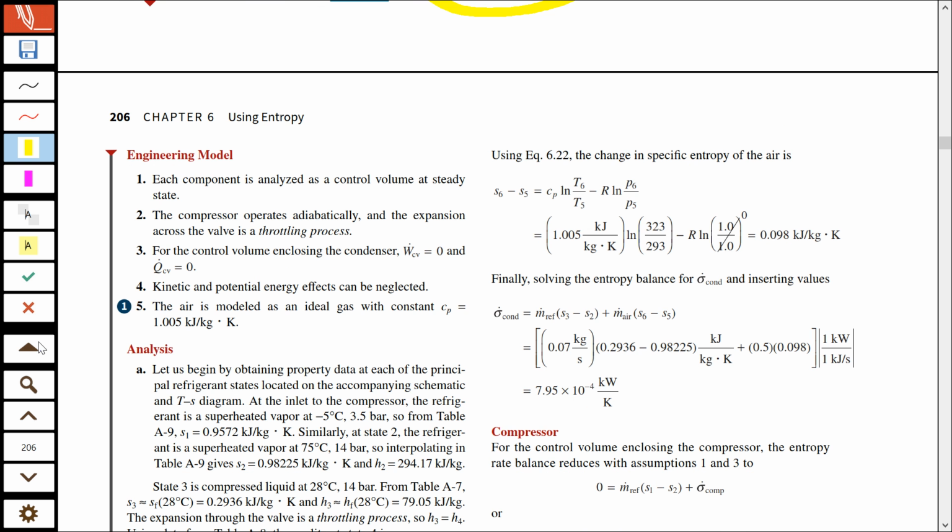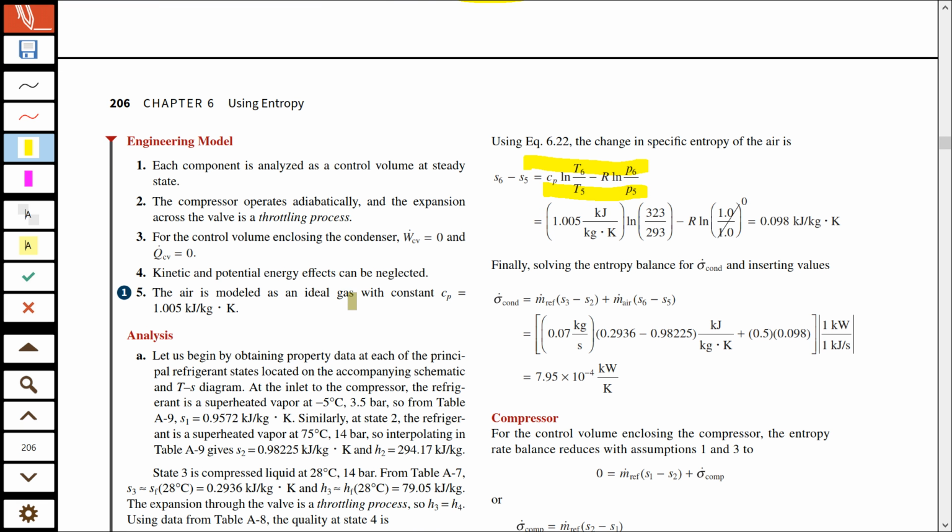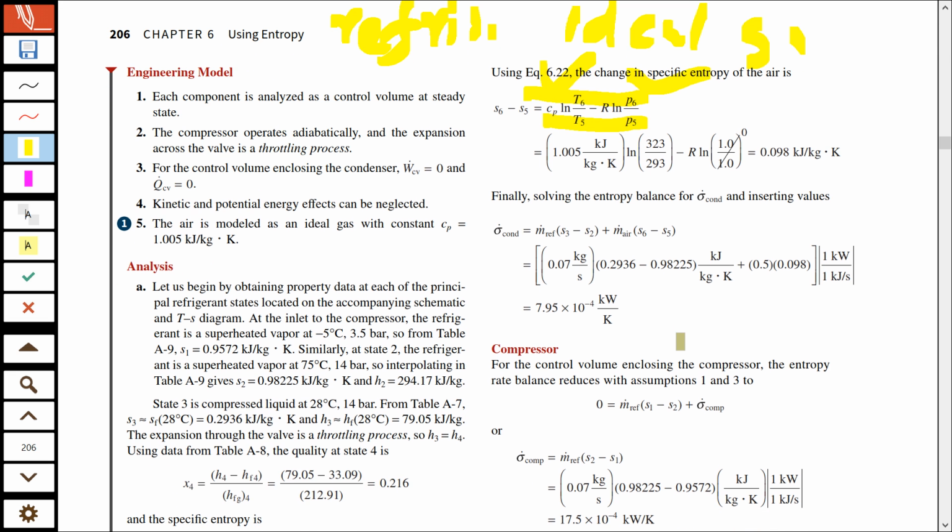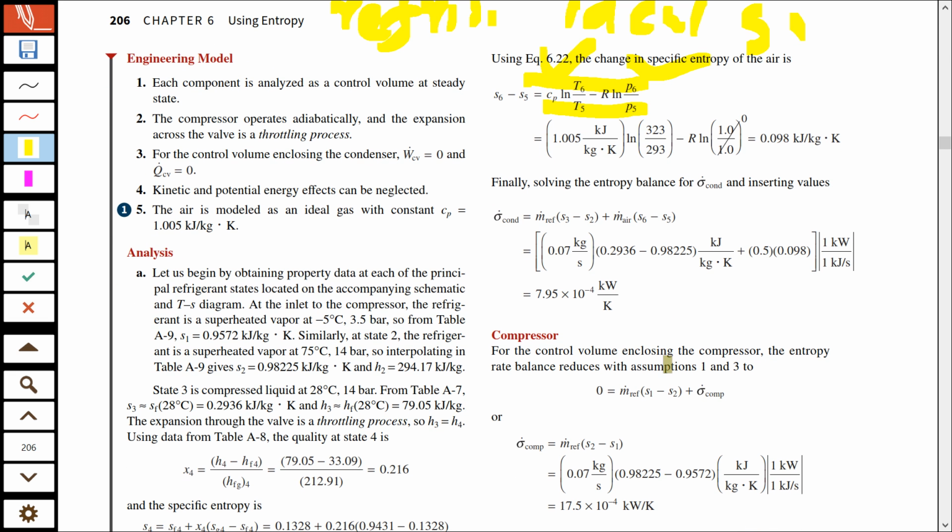Yeah, those standard equations which I just showed you, and because you assume this refrigerant to be an ideal gas, the calculations are simpler. These simple calculations are only possible because you assume the ideal gas model.